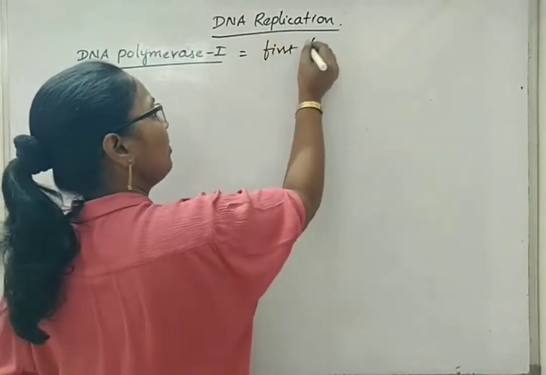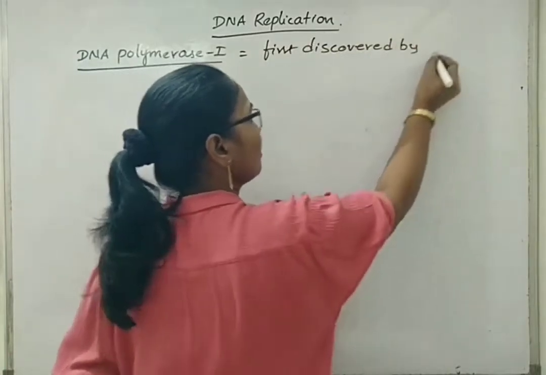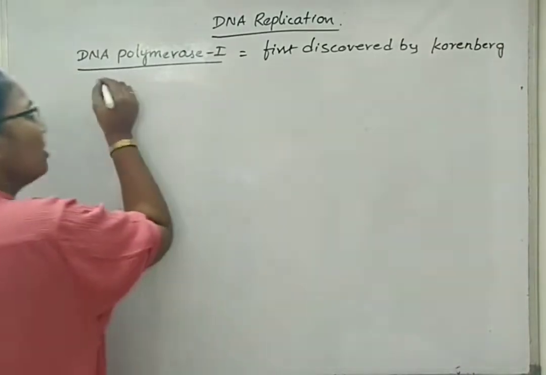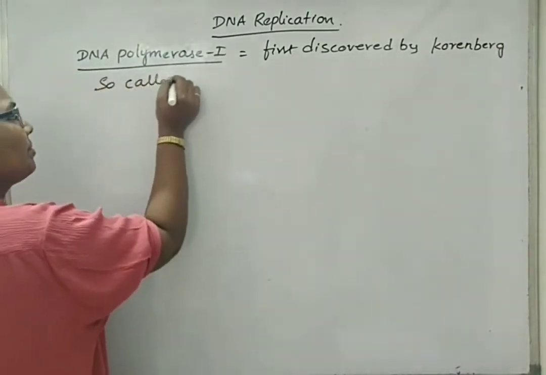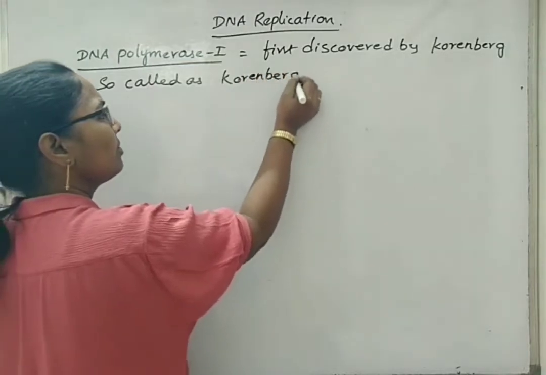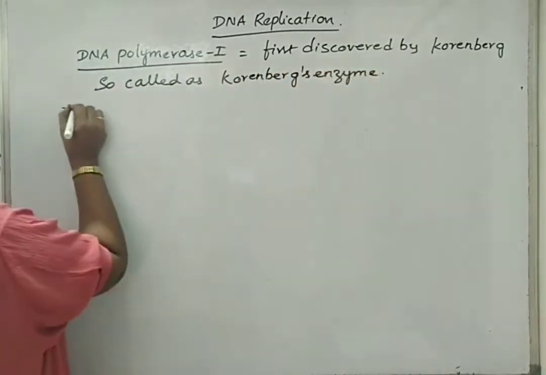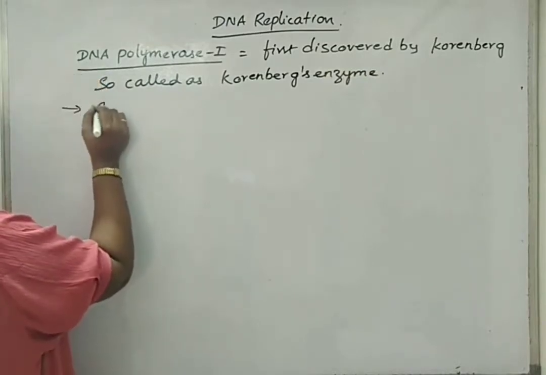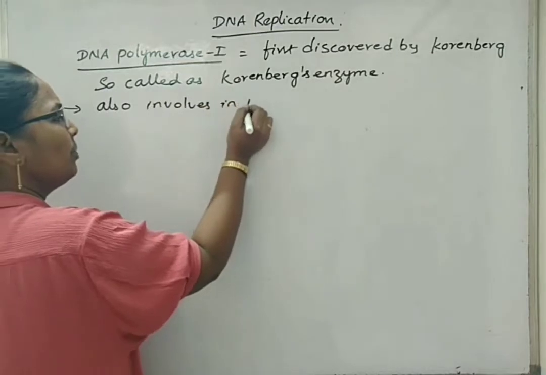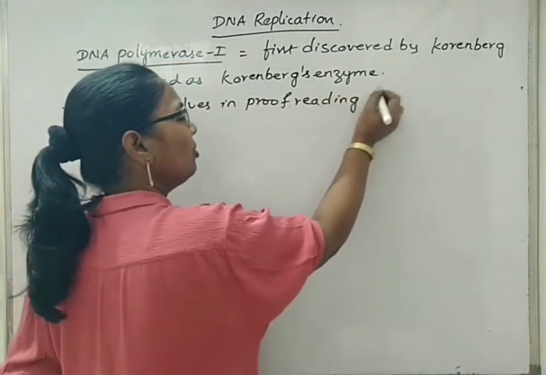It was first discovered by Kornberg, so it is called Kornberg's enzyme. DNA polymerase also is involved in proofreading of newly formed DNA.